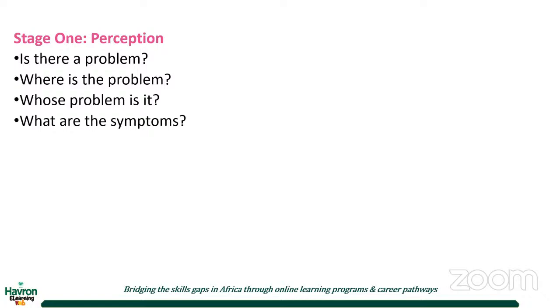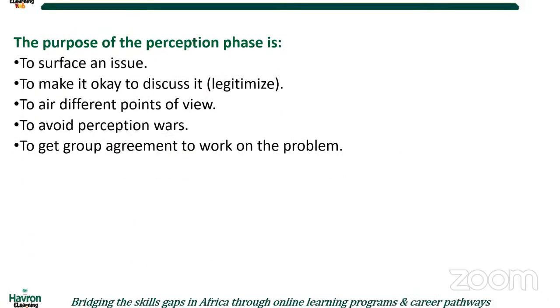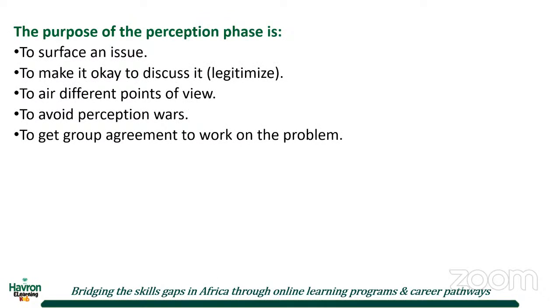It includes whatever you need to do to get a handle on the problem. The purpose of the perception phase is to surface an issue, to make it okay to discuss, that is, legitimize it, to air different points of view, to avoid perception wars, and to get group agreement to work on the problem.